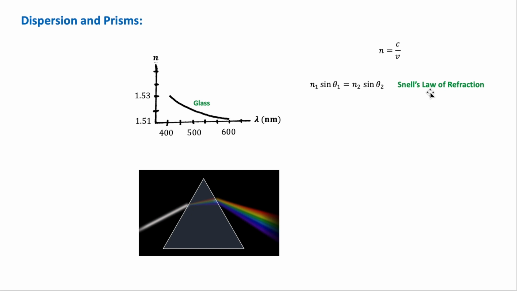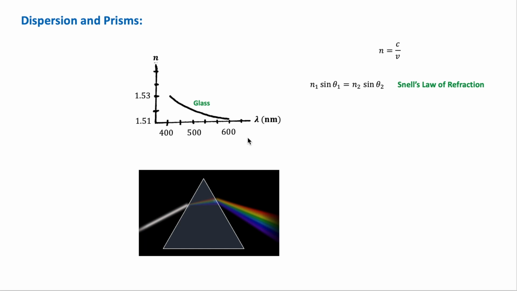As you can see, the index of refraction generally decreases with increasing wavelength in the visible range. And so violet light of wavelength of about 400 nanometer is refracted more than red light of wavelength of about 650 nanometer, when a ray passes from air to a material.